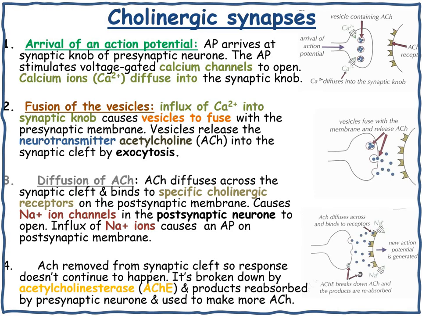Acetylcholine is removed from the synaptic cleft, so the response doesn't keep happening. It's broken down by an enzyme called acetylcholinesterase, and the products are reabsorbed into the presynaptic neuron and used to make more acetylcholine.